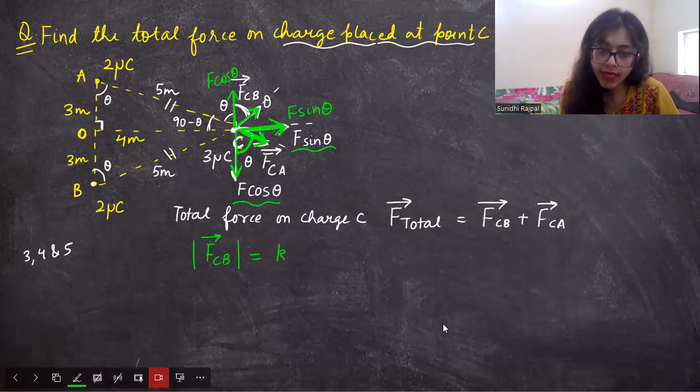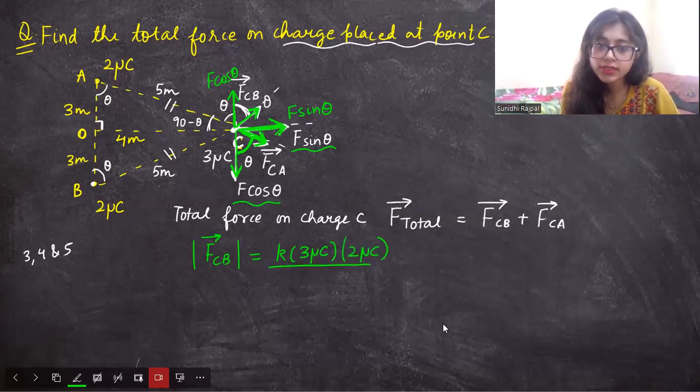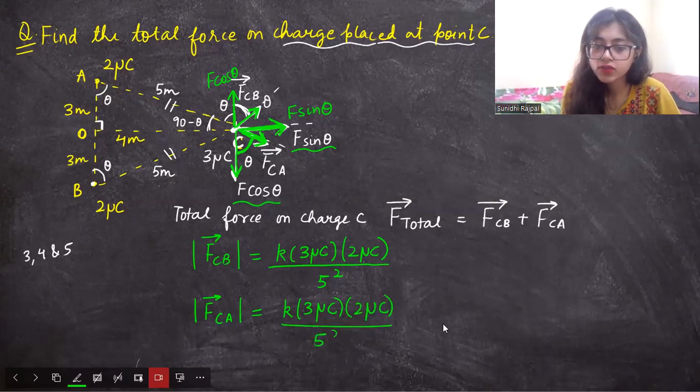So it will be K, charge on C is 3 μC, charge on B is 2 μC, and the distance between them is 5 squared. And what is the magnitude of force on C due to A? तो अगर आप इसको लिखोगे, that will be K 3 μC 2 μC by 5 squared.